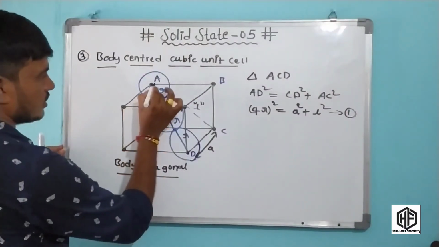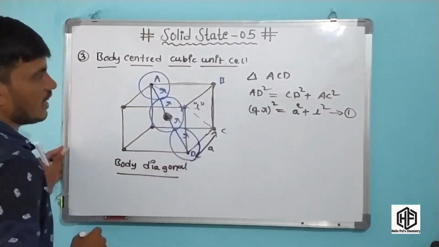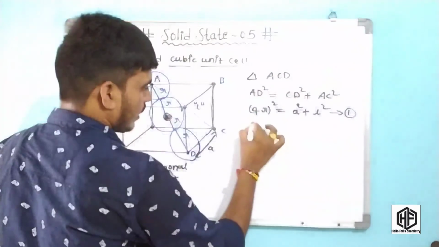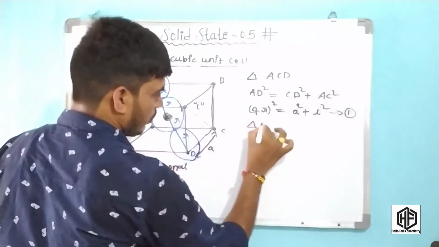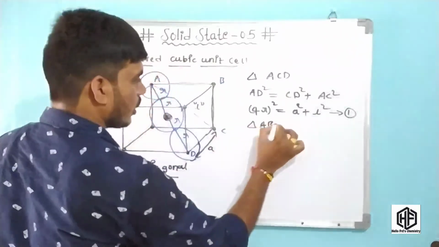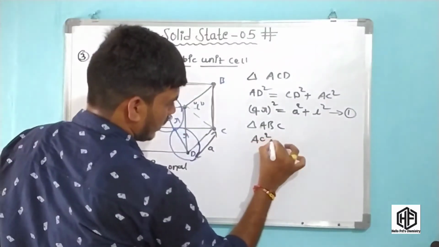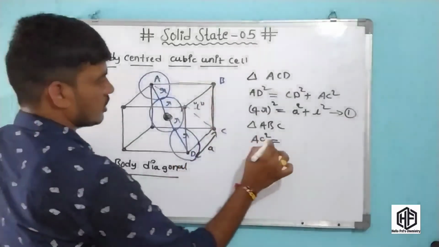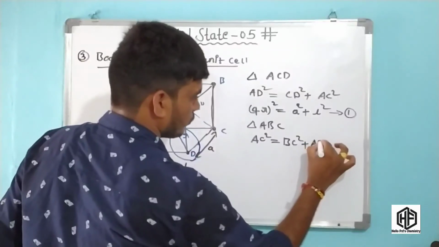Now let us consider another triangle, triangle ABC. In triangle ABC, according to Pythagoras law, AC square is equal to BC square plus AB square.